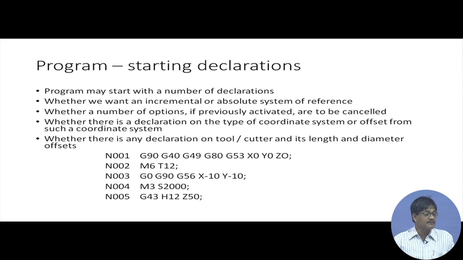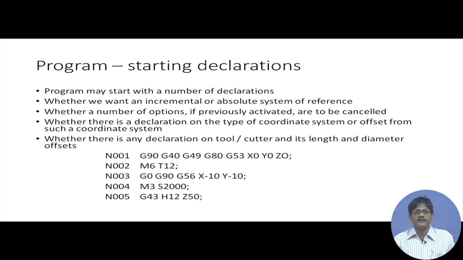So, there might be a declaration on the type of coordinate system or offset from such a coordinate system, or you might be having the choice of a particular coordinate system or the rotation of a coordinate system. Things like that might be declared in initial lines, or whether there is a declaration on tool and cutter, which we have already discussed. This is a typical starting line of a program.